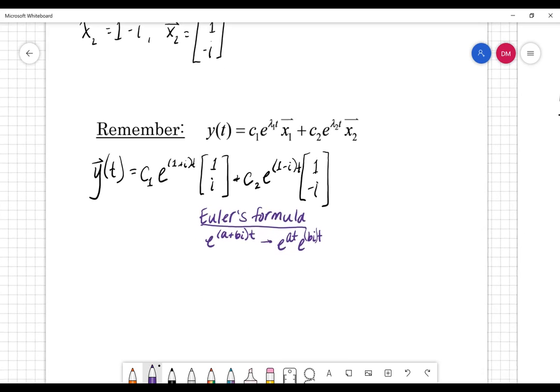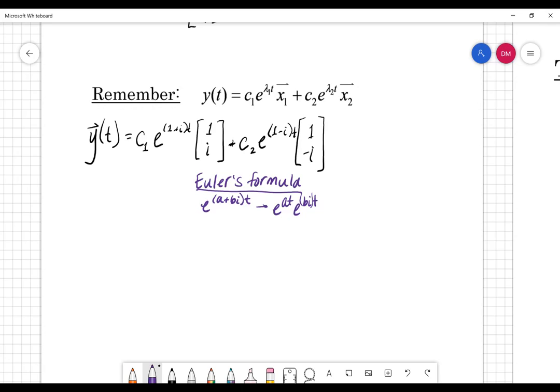And it's that imaginary part that we went through and derived. We found that this gives us e to the at times cosine of bt plus i sine of bt. And hopefully you remember this from our previous units where we solved and had complex roots. So let's go ahead and apply that here now.